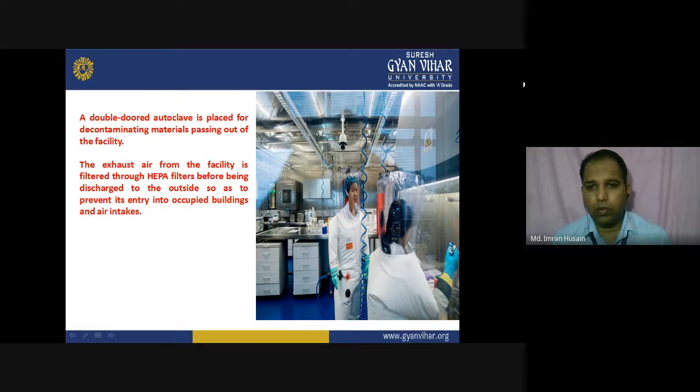Here in the image, you can see the life support system connected to the biosuits and all the equipment placed for use in BSL-4 laboratories. The exhaust air from the facility is filtered through HEPA filters before being discharged to the outside, so as to prevent its entry into occupied buildings and air intakes.